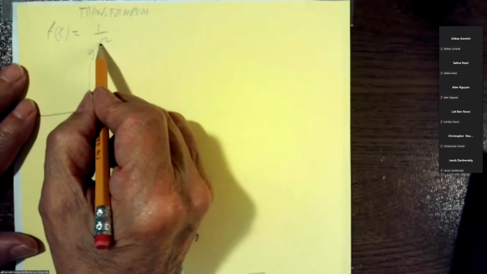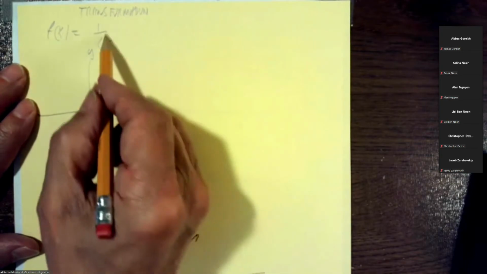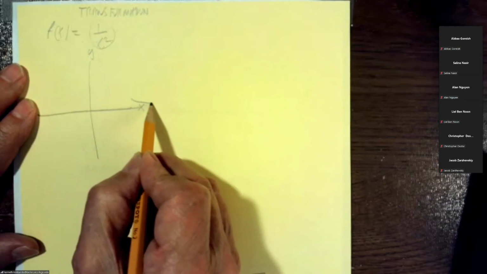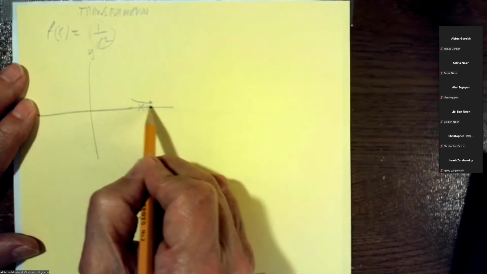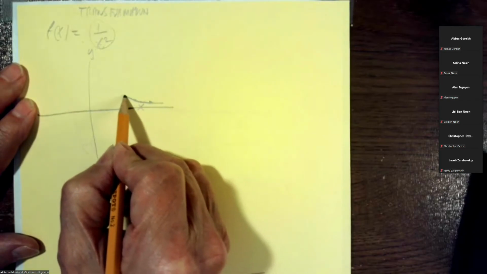But as x gets very large and positive, this is going to get very small, isn't it? 1 over a large number is going to get small. So as x gets larger and larger, we're going to get closer and closer to 0.